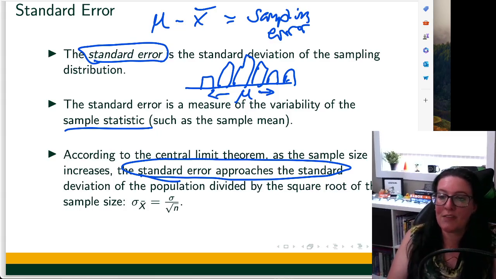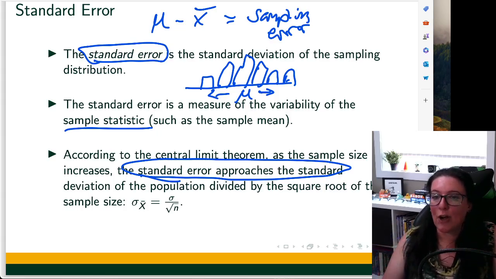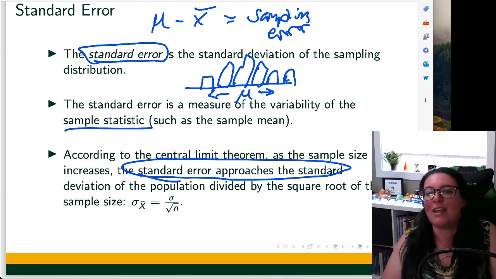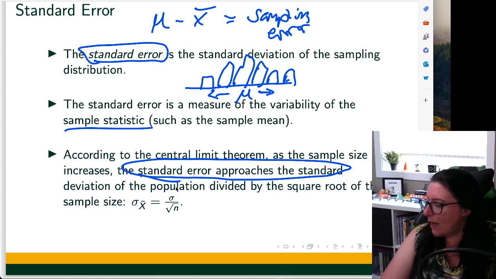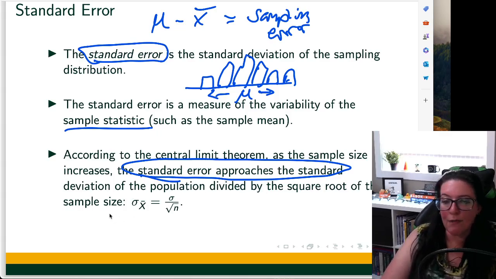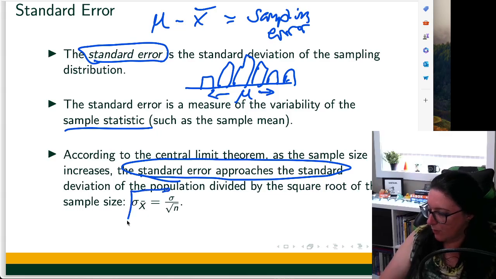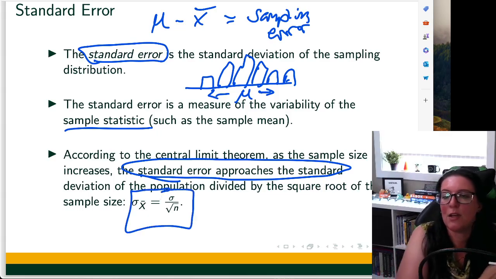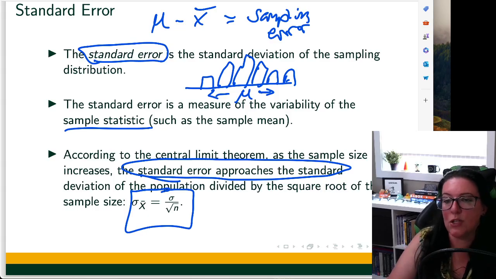The standard deviation of the sampling distribution will give us standard error, which is related to the standard deviation of the population. Standard error approaches the standard deviation of the population divided by the square root of the sample size. So it's not quite the standard deviation of the population. There is an adjustment for the sample size.